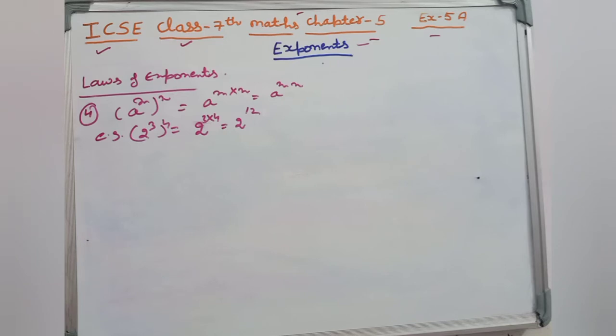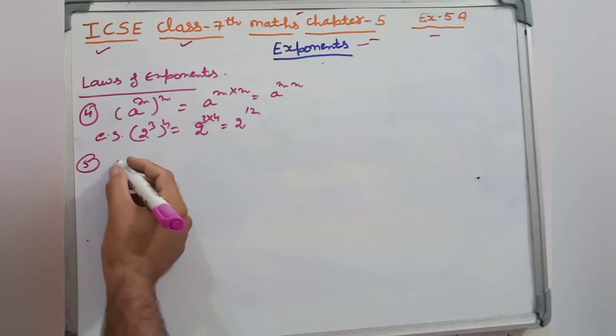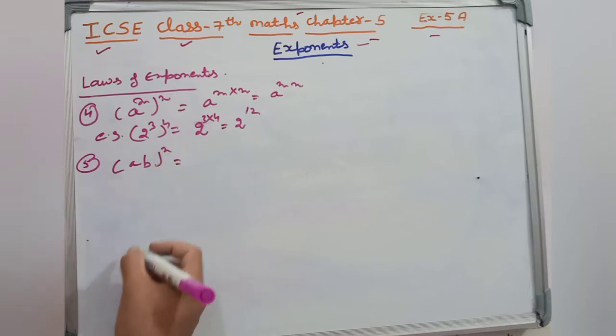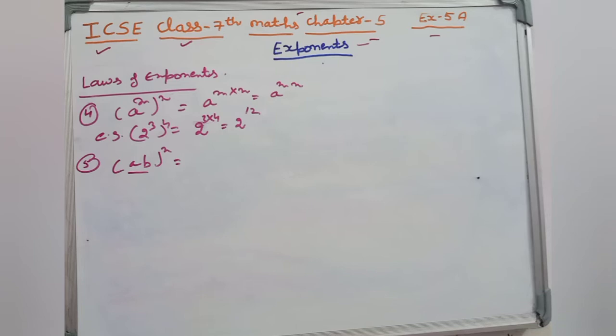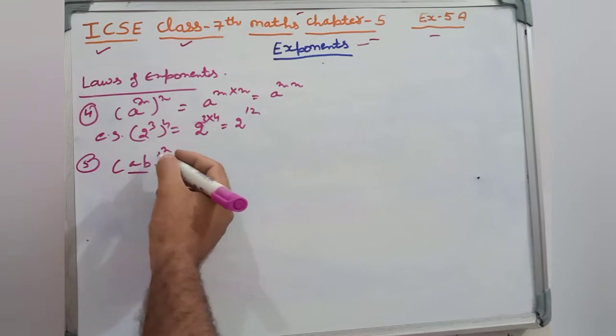Now in the same way, the fifth is the case of ab raised to power n. Here there are two bases, ab whole raised to power n. Whole raised to power means this is also the power of a and also the power of b.